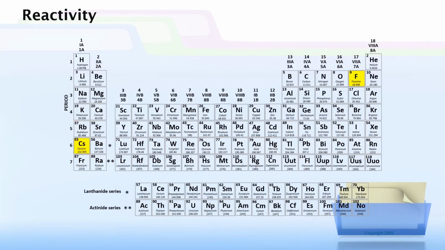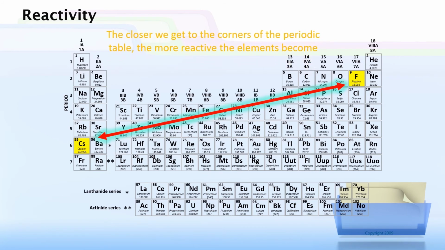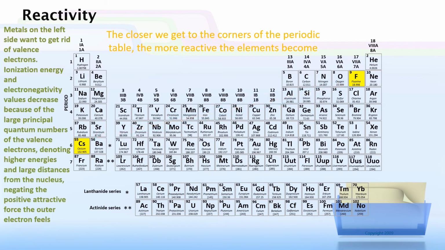Let's look at the reactivity centers of the periodic table. The closer we get to the corners of the periodic table, the more reactive the elements become. For the metals on the left side, the atoms want to get rid of their valence electrons to become noble.